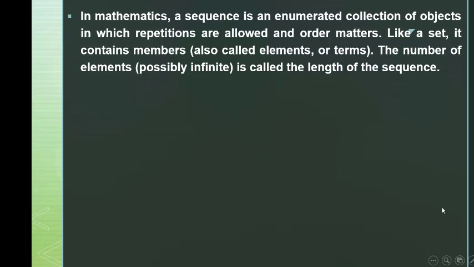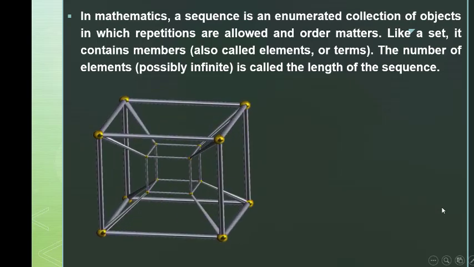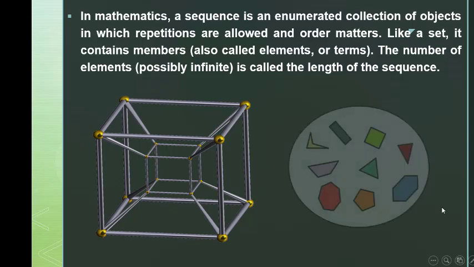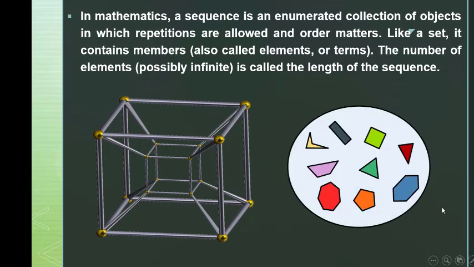In mathematics, a sequence is an enumerated collection of objects in which repetitions are allowed and order matters, like a set. It contains members, also called elements or terms.